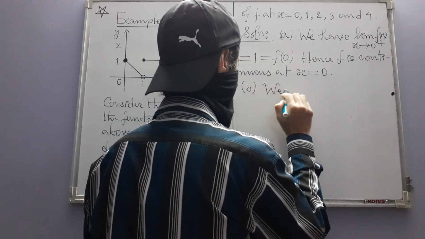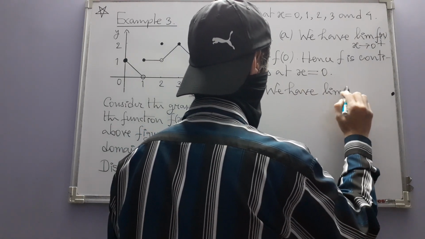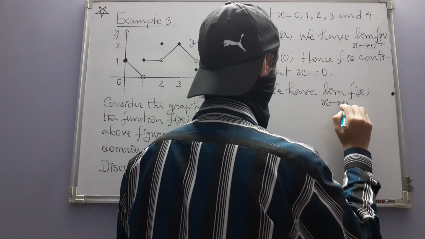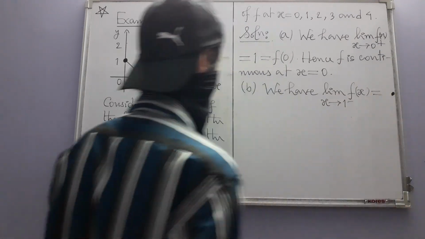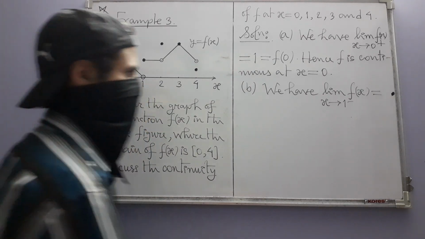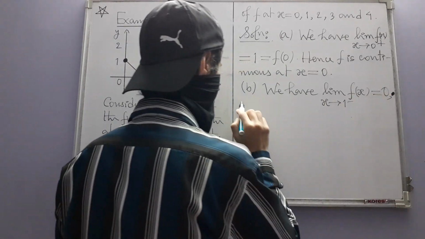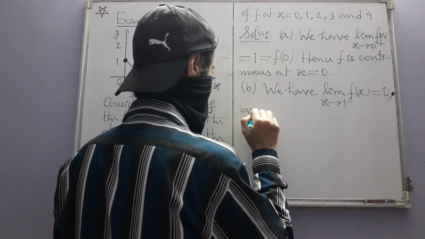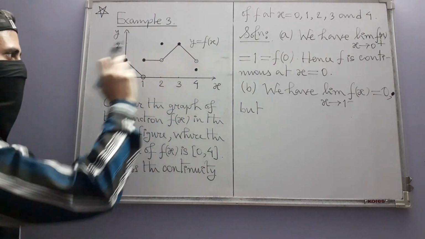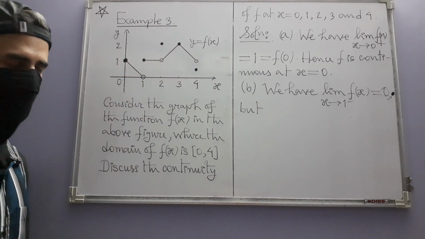We have the left hand limit at 1, what is it? It is 0. But what about the right hand limit at 1? Sorry, here at 1 it is equal to 1.